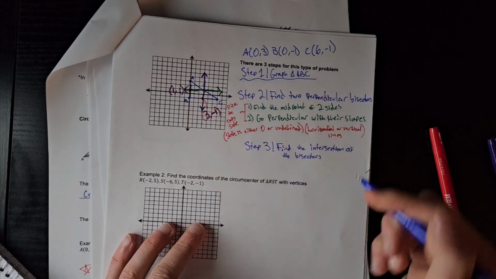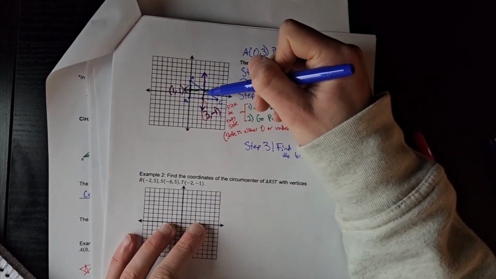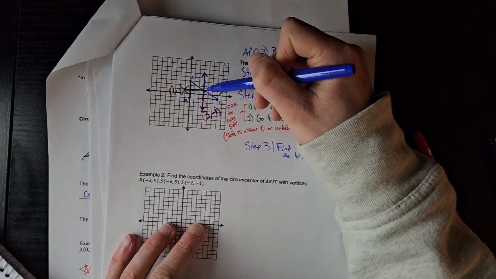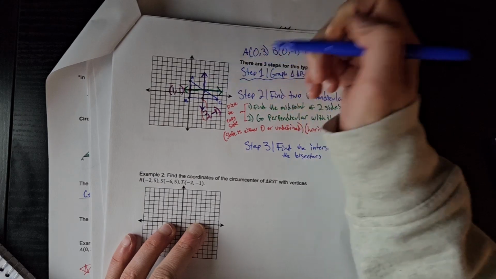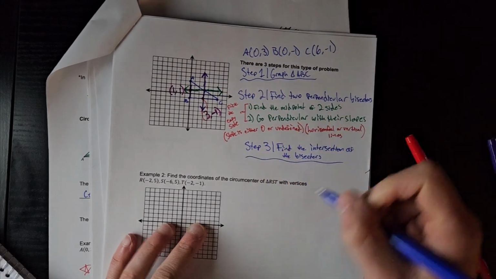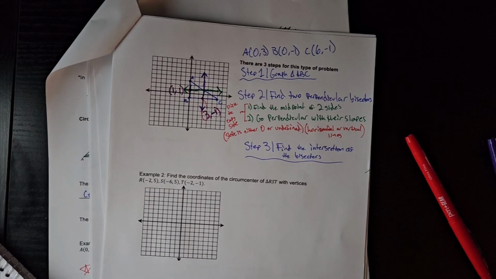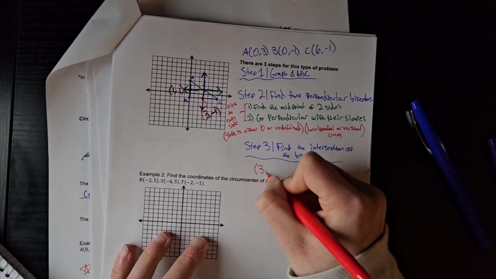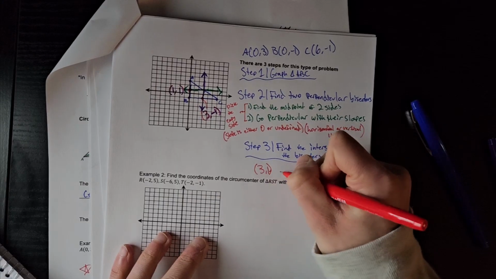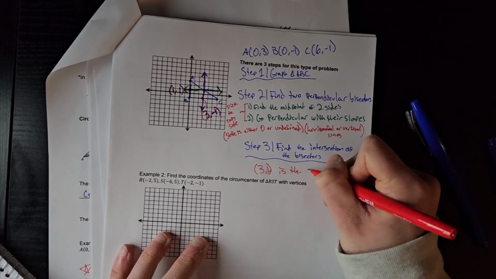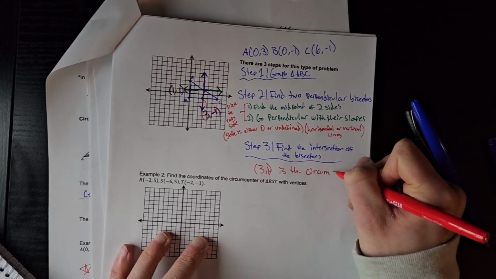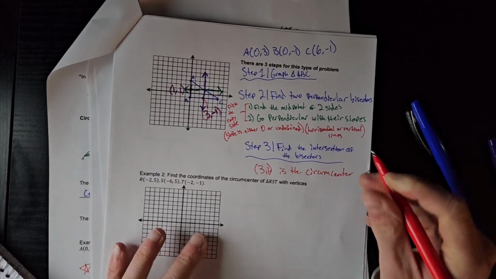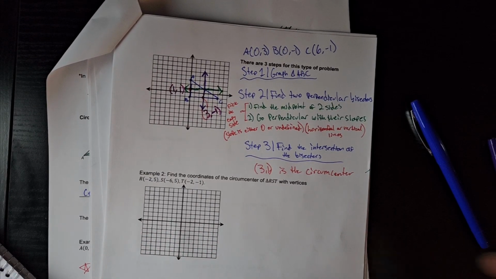Seeing where they cross, that is at 3, 1. So my final answer is 3, 1, which is the circumcenter. Luckily enough, we have another example to go through, so it's okay.